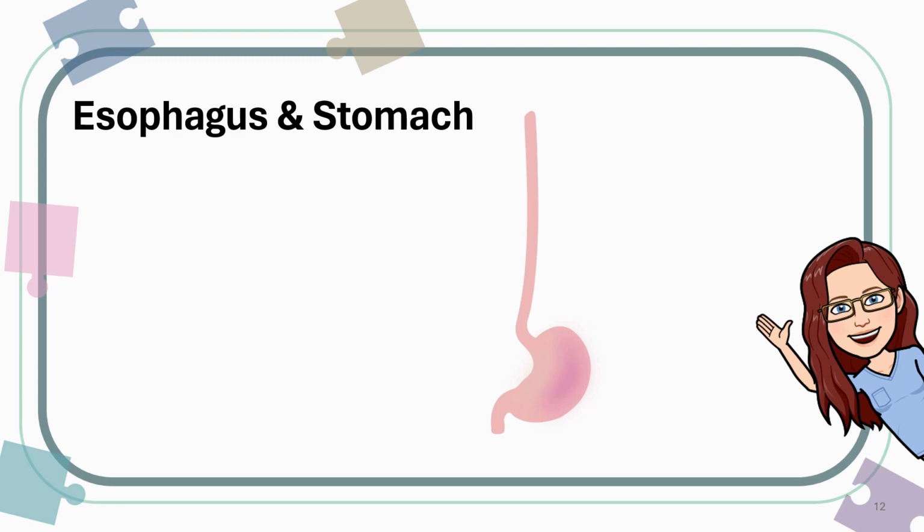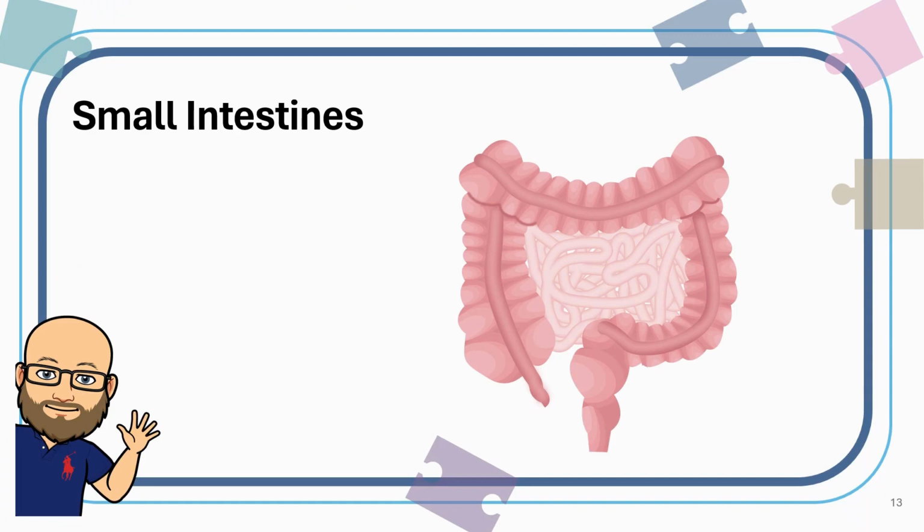So esophago refers to that long tube that gets the food from your mouth all the way down to the stomach. And the term for the stomach we've seen in almost every chapter now. It is the term gastro. So the term gastro is coming back again for this chapter.